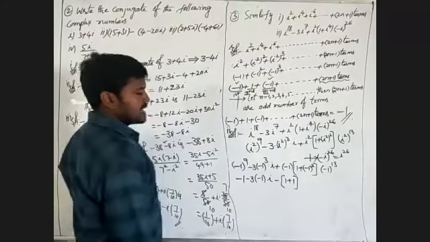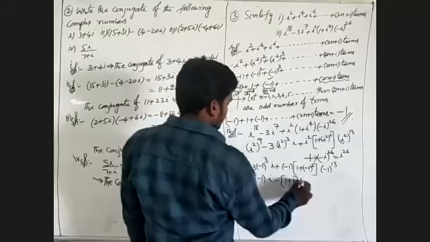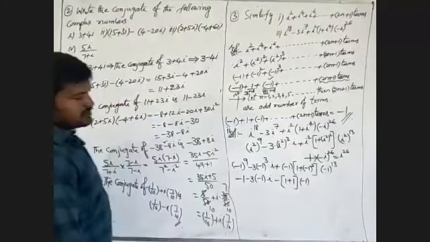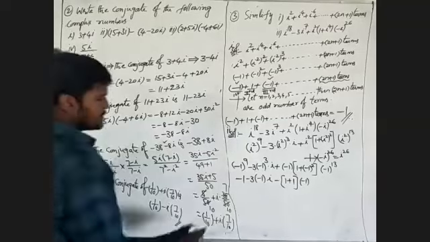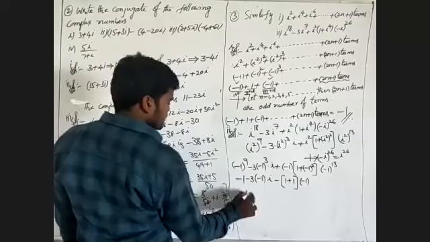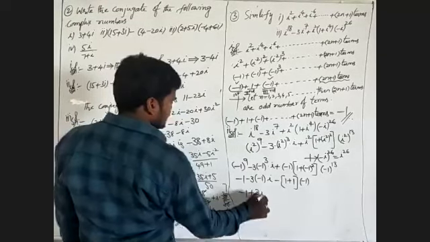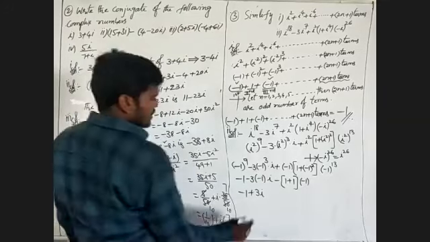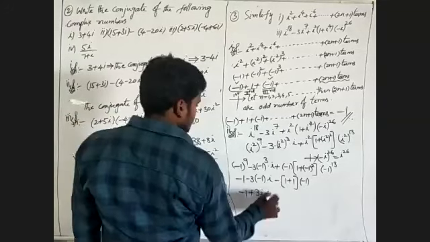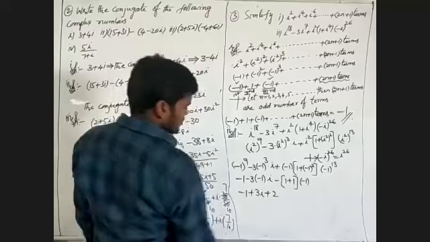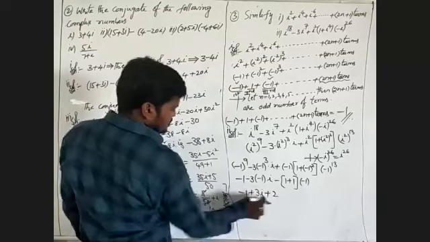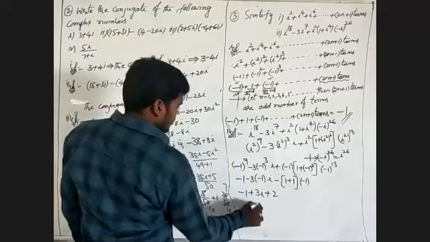Also minus 1 whole power 13 becomes minus 1. So we have minus 1, then minus into minus is plus, 3 into i is 3i. Minus into minus is plus, 2 into 1 is 2. Plus 2 minus 1 is 1. So we write 1 plus 3i.